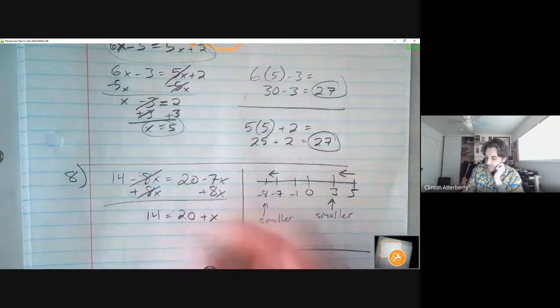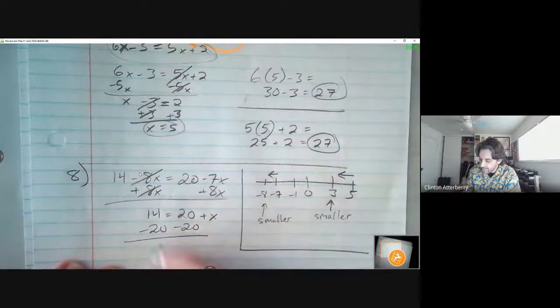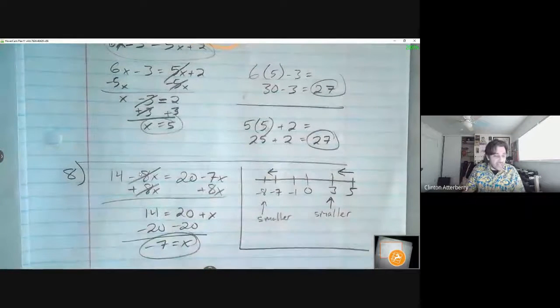So when I solve for this, I'm actually going to get a weird, nasty negative number. I get a negative 7. Even though the x value is negative, that's okay.